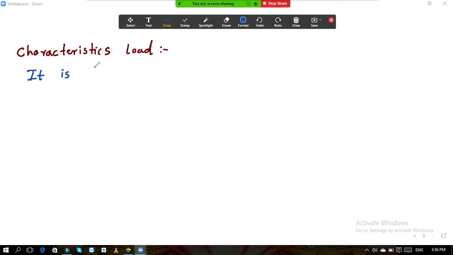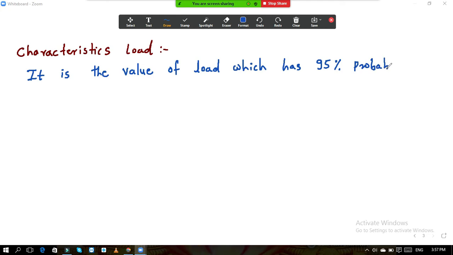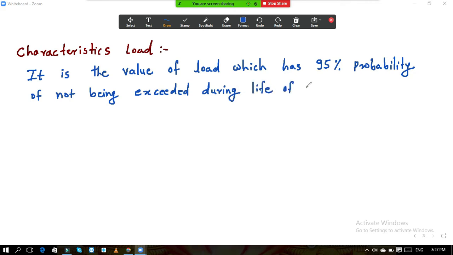It is the value of load which has 95% probability of not being exceeded during the life of the structure.